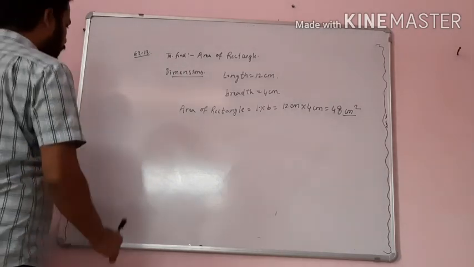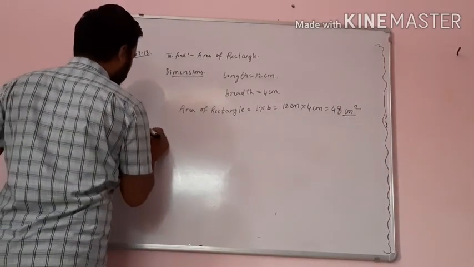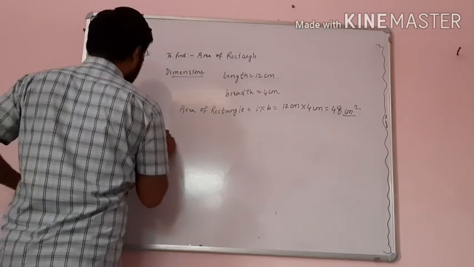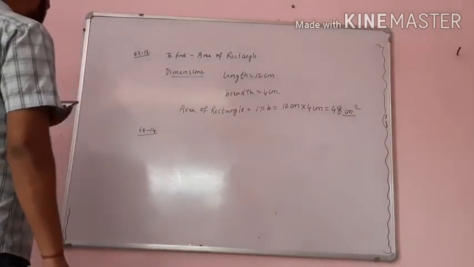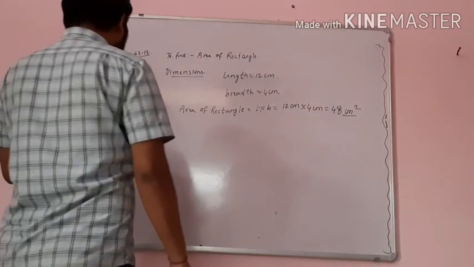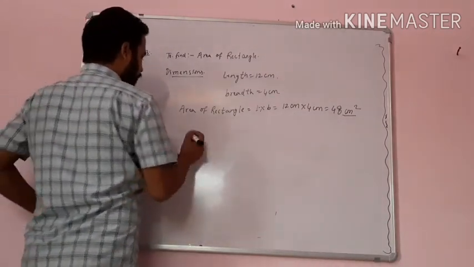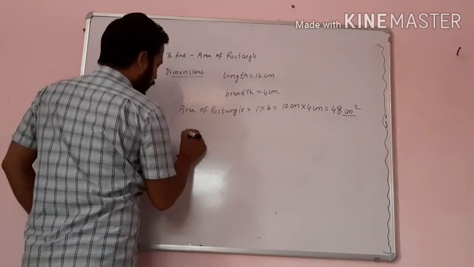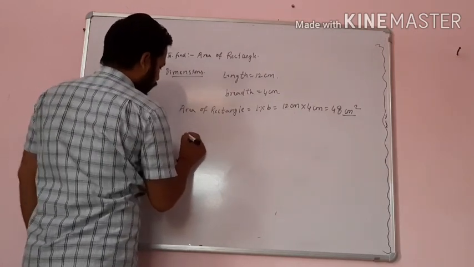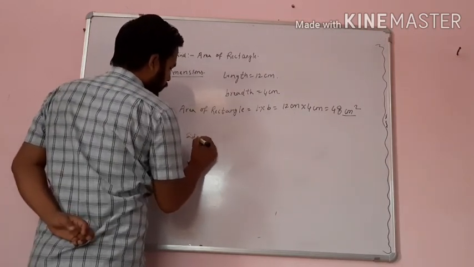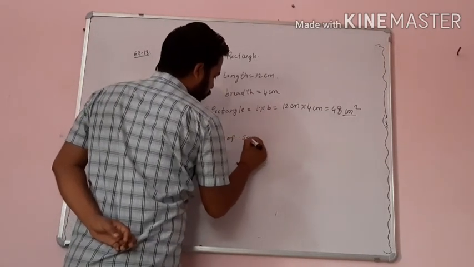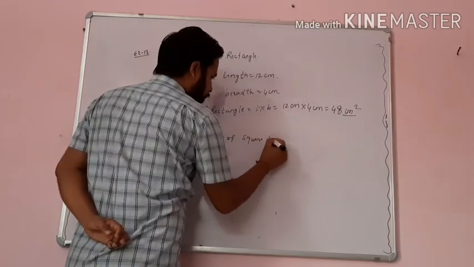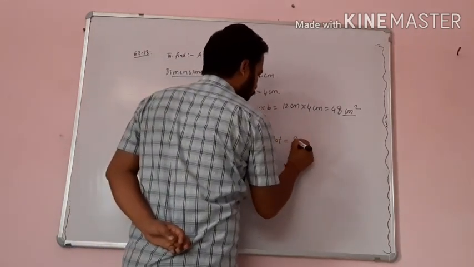Moving on to the next example, example number 40. Find the area of a square plot whose side is 8 meter. Here, side length of a square plot equals 8 meter.